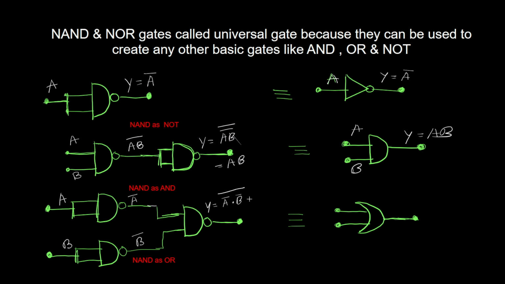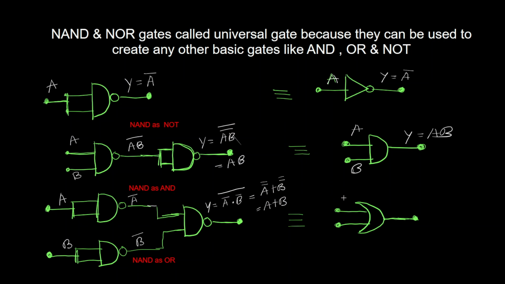Now if we apply De Morgan's theorem here, you will get A double complement plus B double complement, that means A plus B. We have taken A and B as inputs, but we are getting A plus B as output. So this circuit acts as an OR gate. So we have constructed an OR gate using only NAND gates.